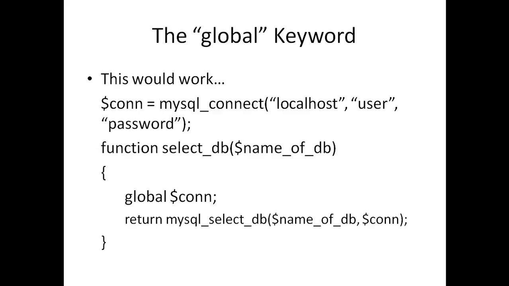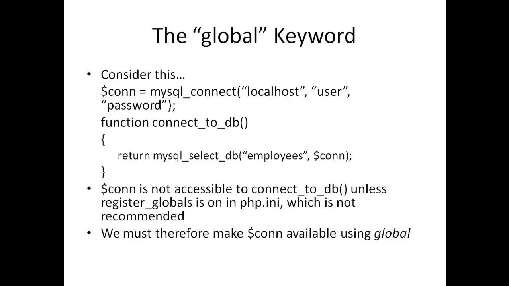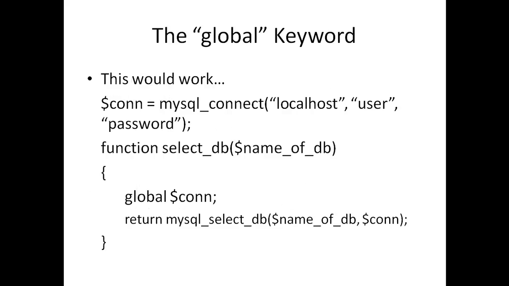I don't think I did name of DB in the previous section. So here I'm also showing you how to utilize a variable passed to the function. And by using global $con, it basically goes out a level and says, okay, $con is set to this particular connection. I know what I'm talking about.